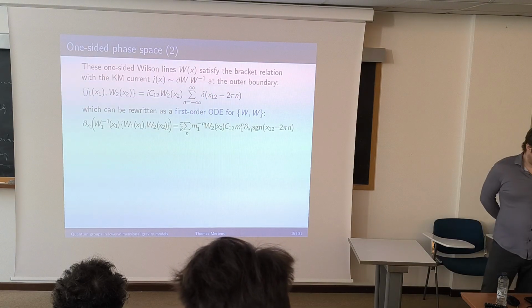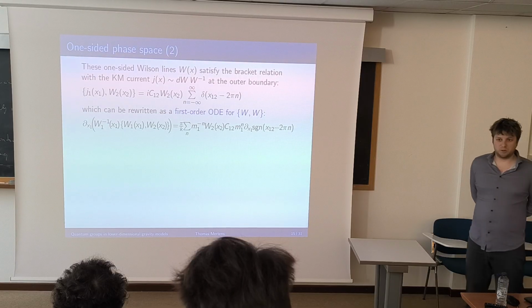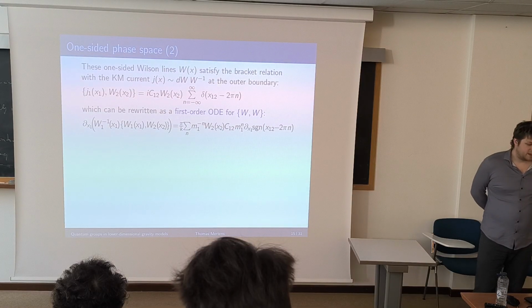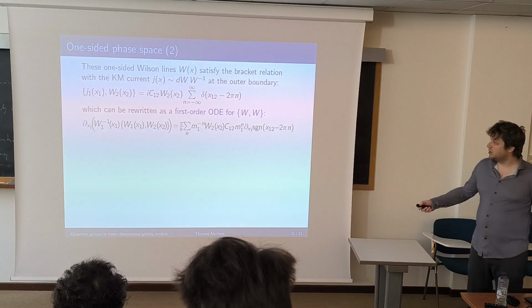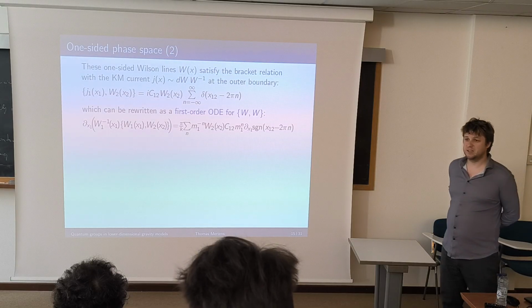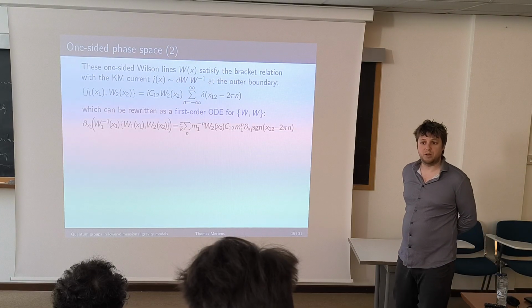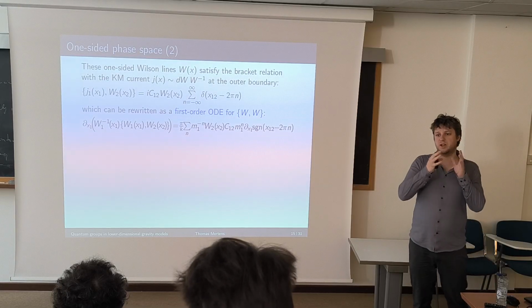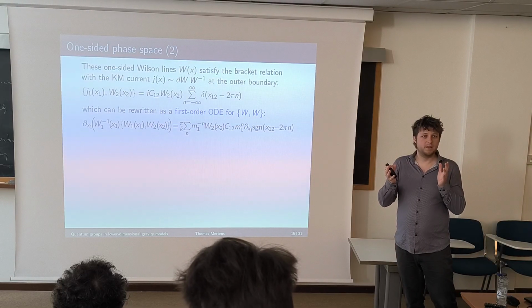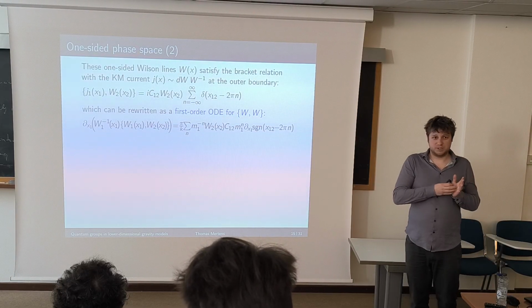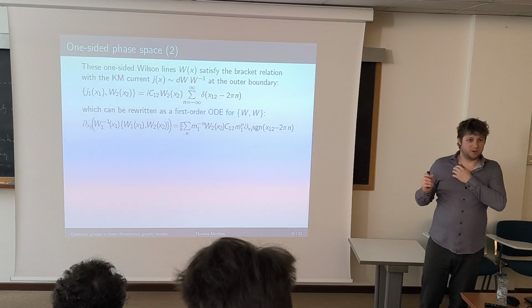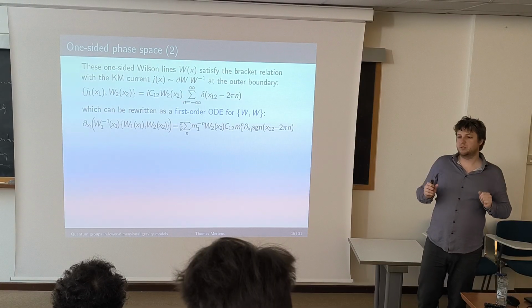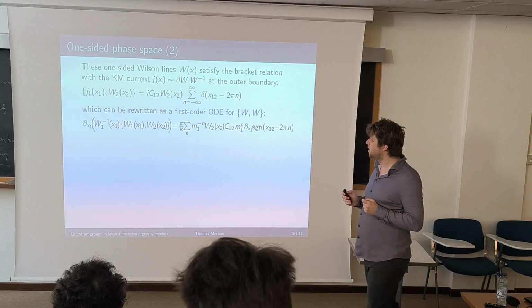Okay, so now I'm interested in these, what I call one-sided Wilson lines, and they satisfy this bracket relation with the Kac-Moody current that's living on the inner and outer boundaries. So the inner and the outer boundary of my annulus, those are actual boundaries, that's where I have WZW models living. Not at the entangling surface necessarily, that's what I'm trying to figure out, what's living there, but at the inner and outer boundaries I have Kac-Moody currents.